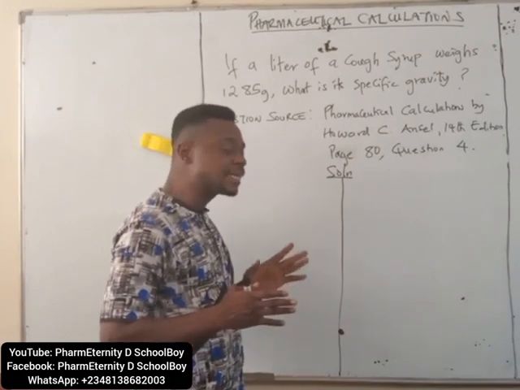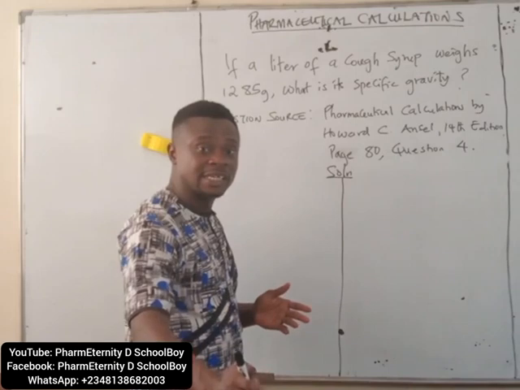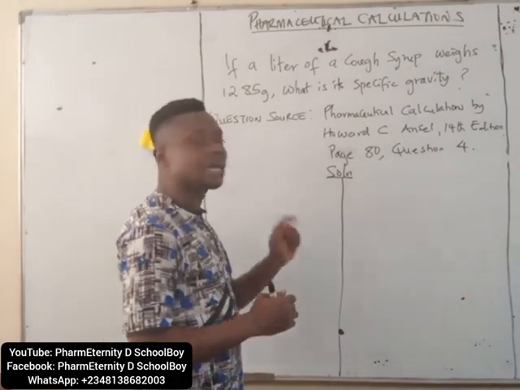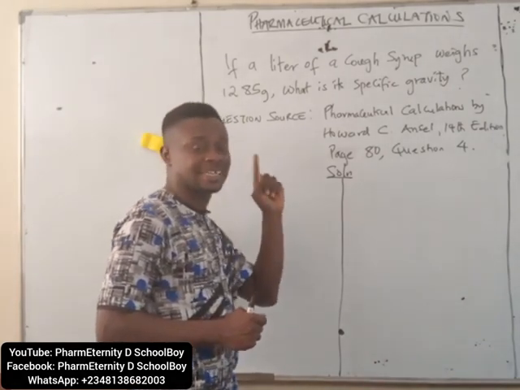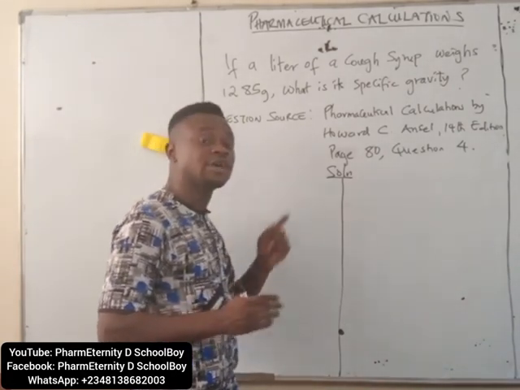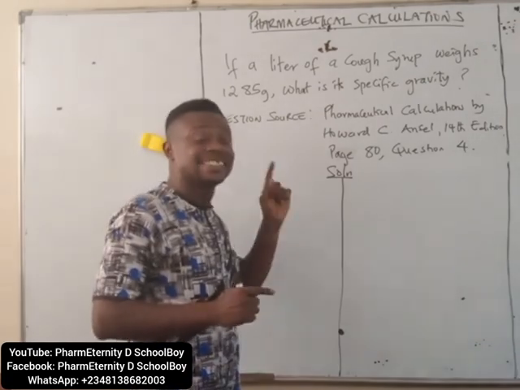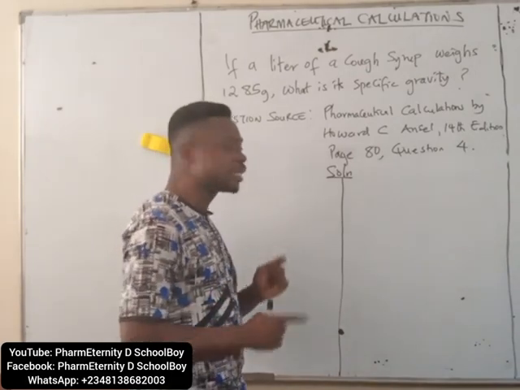The standard can be water, it can be hydrogen. If the substance in question is a gas, then the standard to be used there will be hydrogen. But if the substance in question is a solid or a liquid, the standard to be used is water.